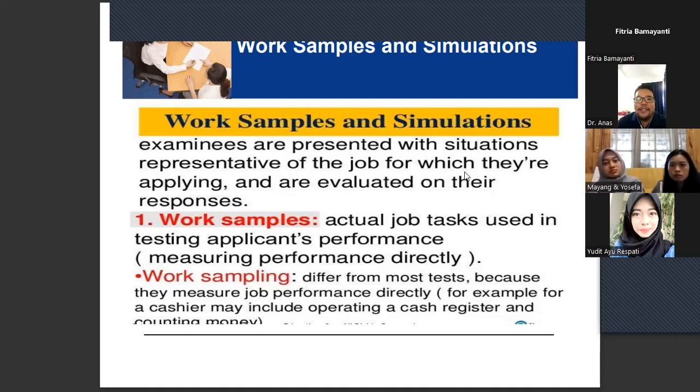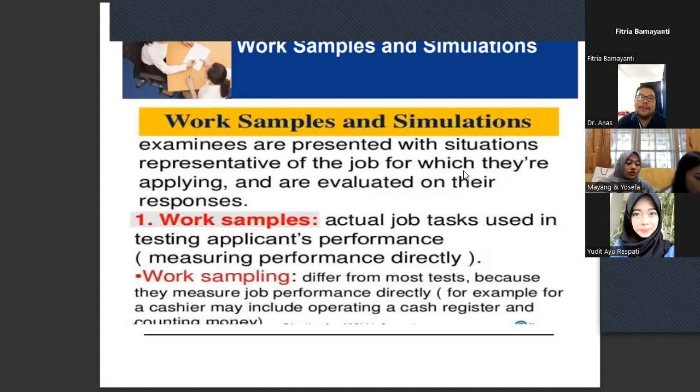You know the program, how the candidate becomes one of the partners of Donald Trump. So these are also work samples.